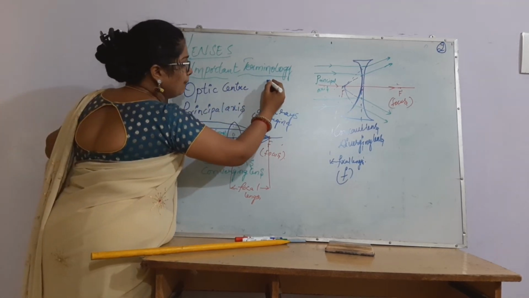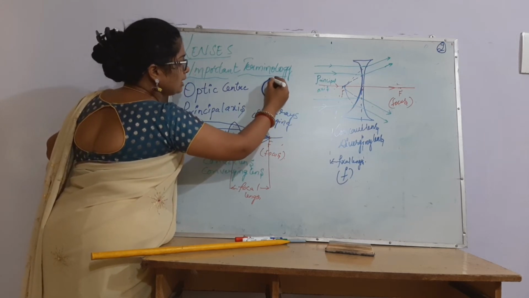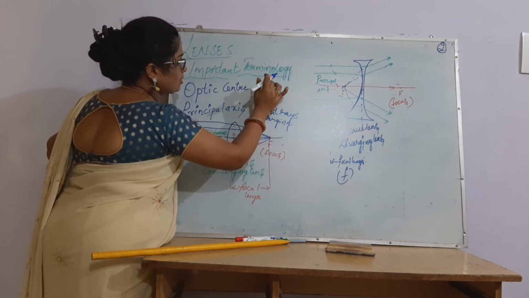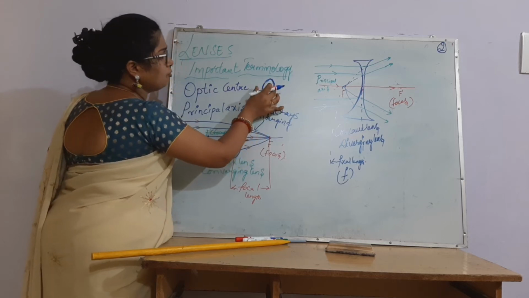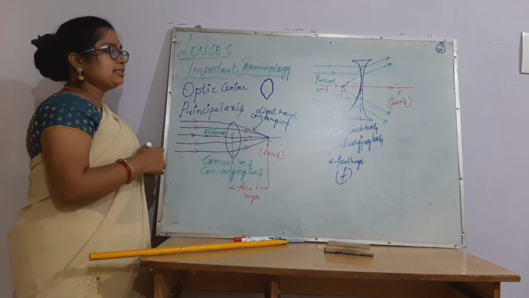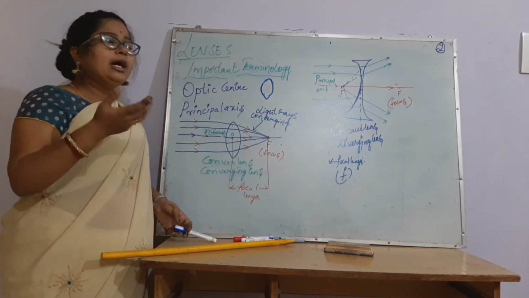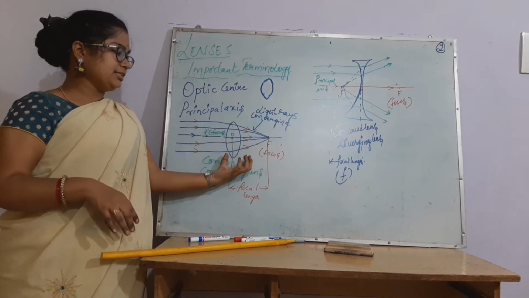It will be bulged at the middle and thin at the edges. When you keenly observe it, then you can find out, otherwise you can't. And so there are two bounded surfaces like this.